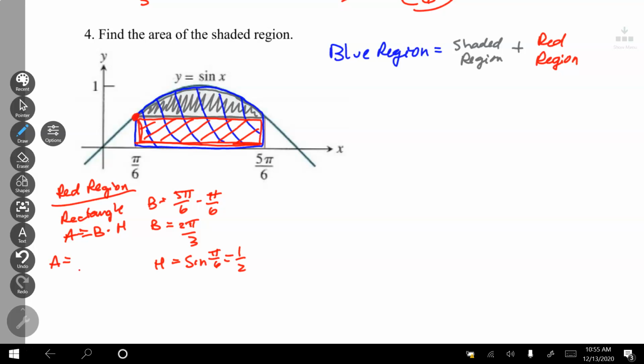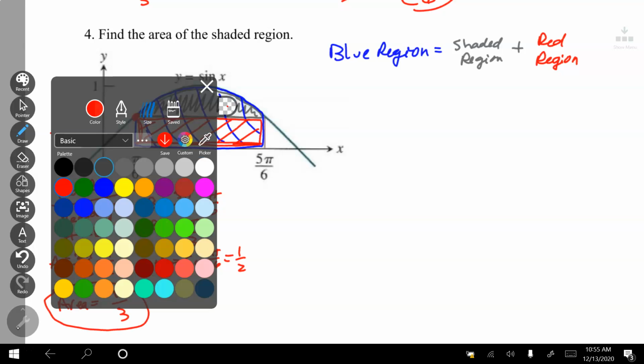So the area of the red region is equal to 2 pi over 3 times a half. So this area of the red is equal to pi over 3. Okay, so I know that.